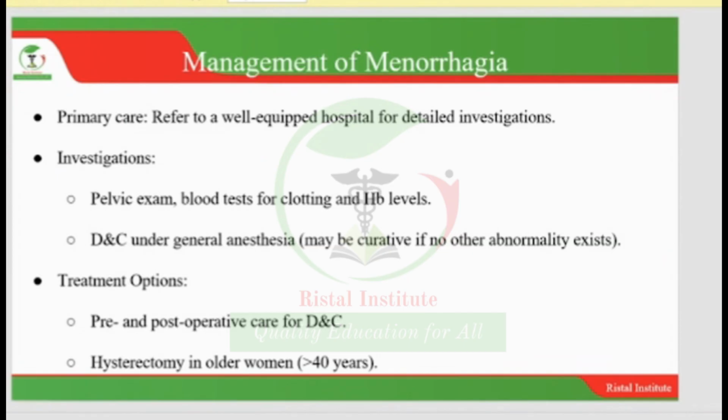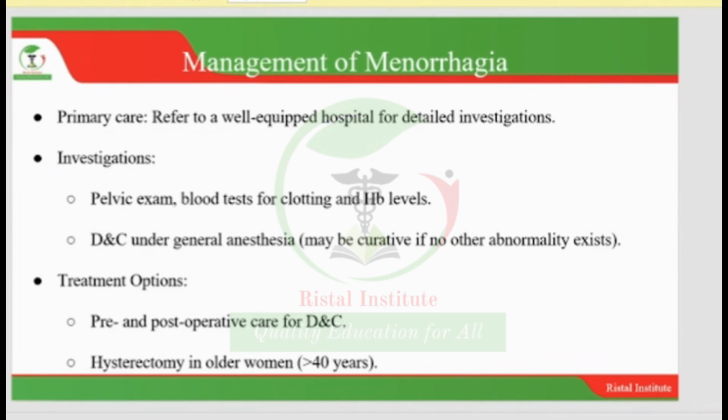Investigations that can be done include the following: pelvic exam, blood tests for clotting and HB levels, D&C under general anesthesia, because it can really be painful, so the woman has to be put under general anesthesia. This may be curative if no other abnormality exists.